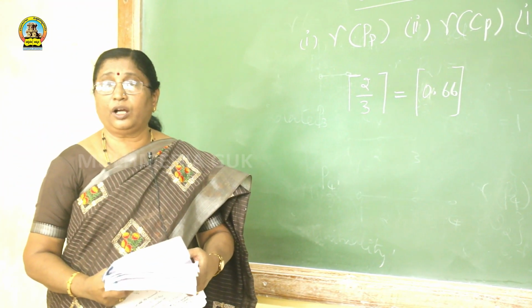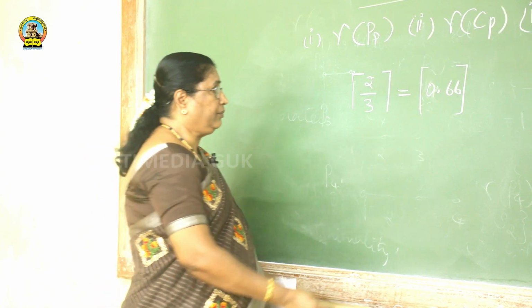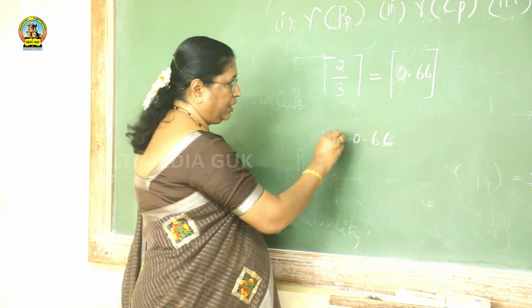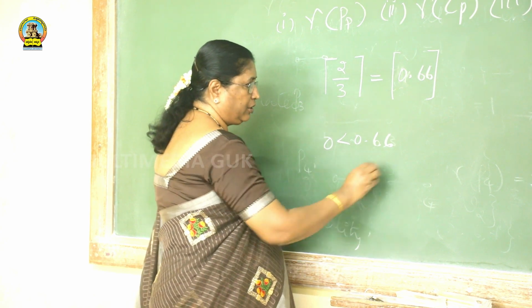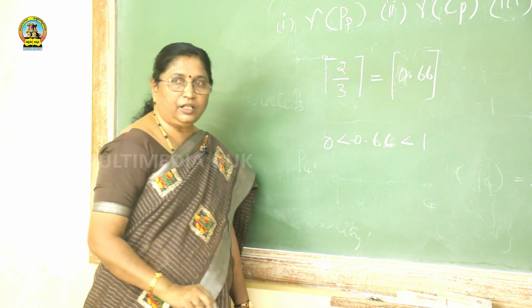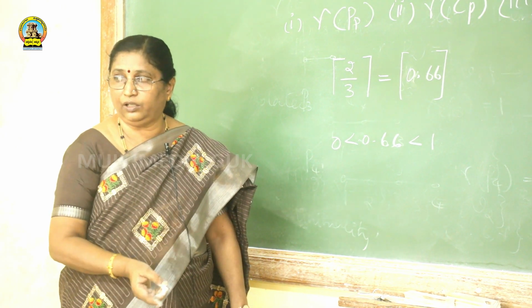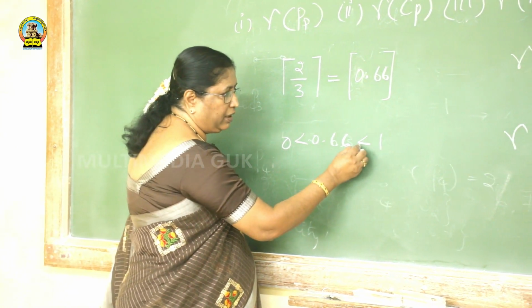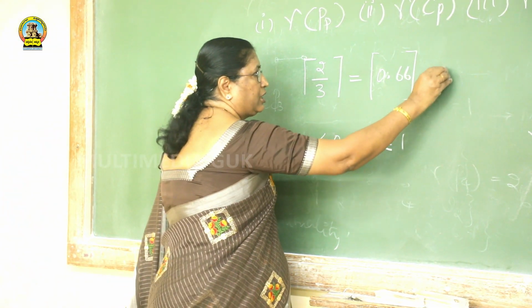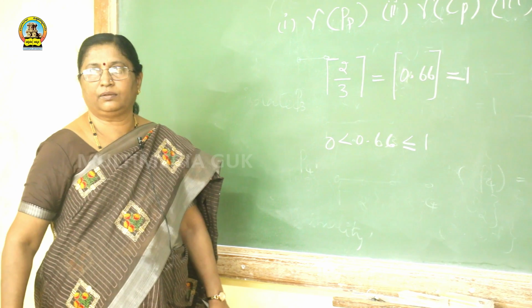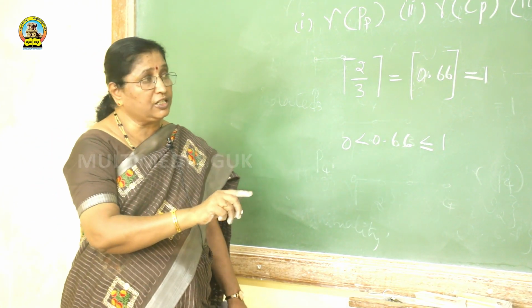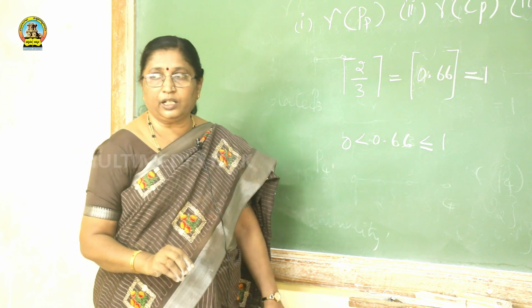As you have to take only the integer, this value 0.66 is lying between 0 and 1. For the smallest integer function, you have to take the greater value. Here the greater value is 1, so we assign it as 1. That is the meaning of the smallest integer function, whose definition says you have to take the greater value.